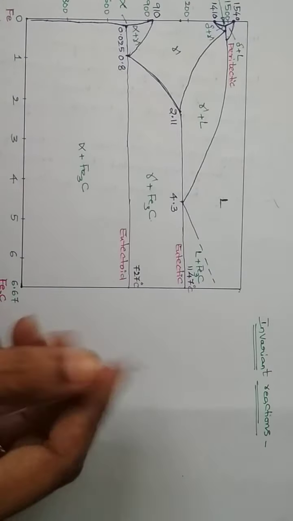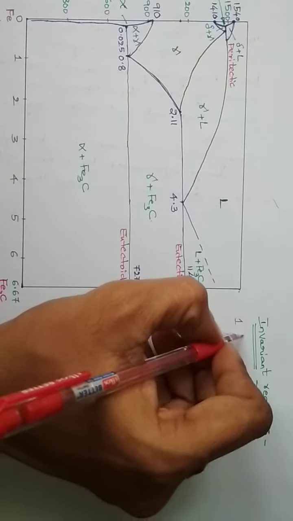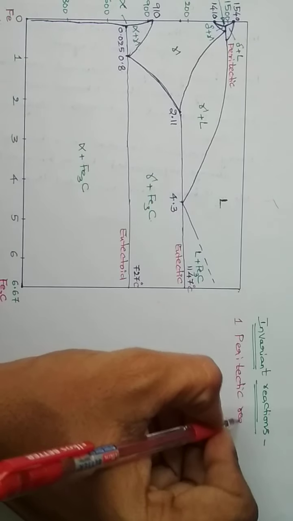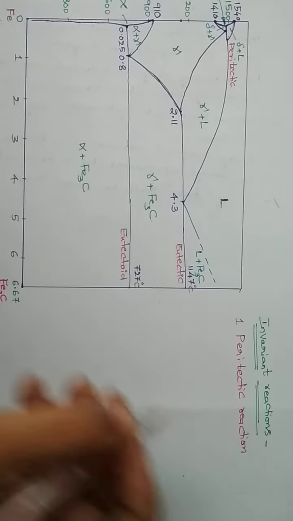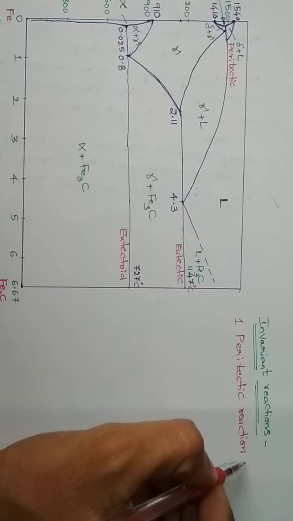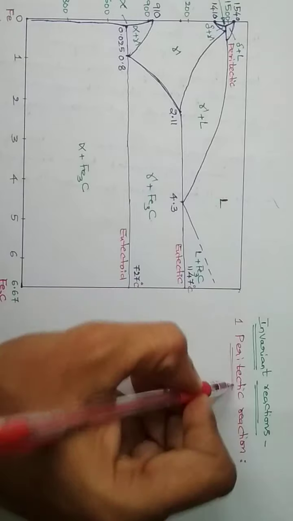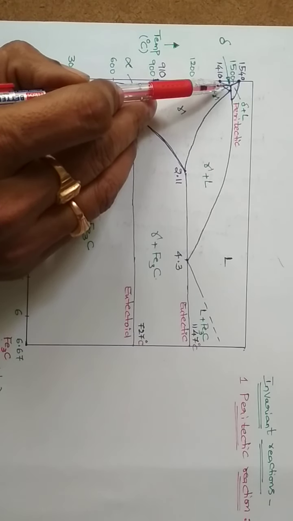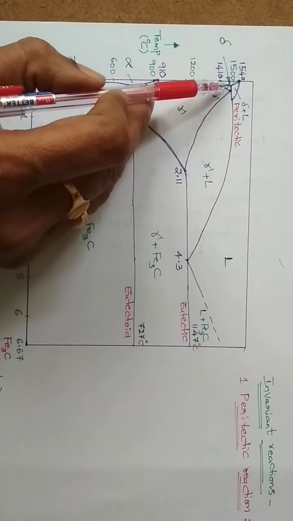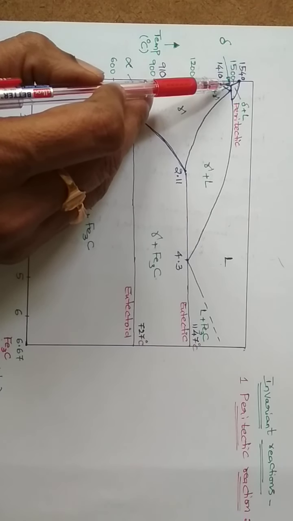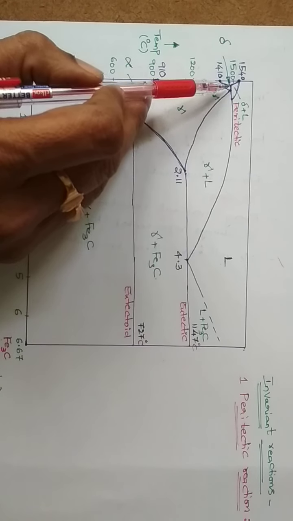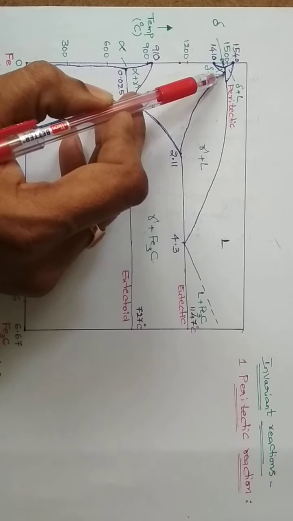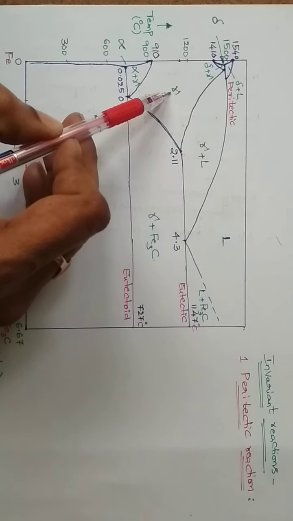So the first one is peritectic reaction. So what is peritectic reaction? Peritectic reaction, just look at this. Peritectic reaction occurs at 1494. So the temperature at which peritectic reaction takes place is 1494. Okay, and what is happening? Liquid plus delta, at this temperature it is transforming to gamma iron.